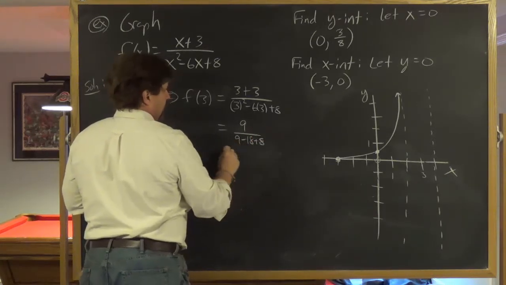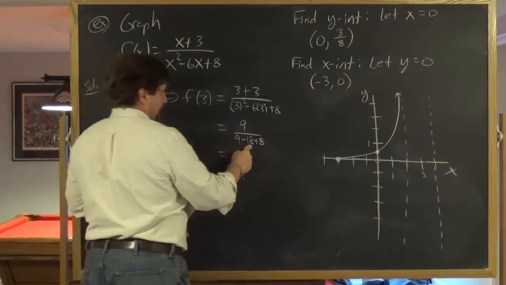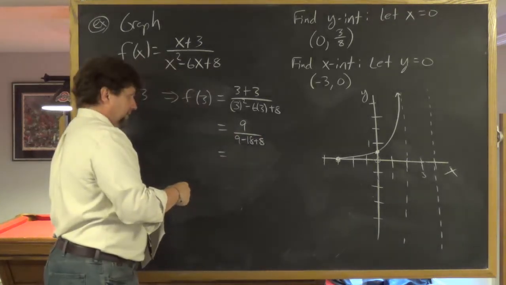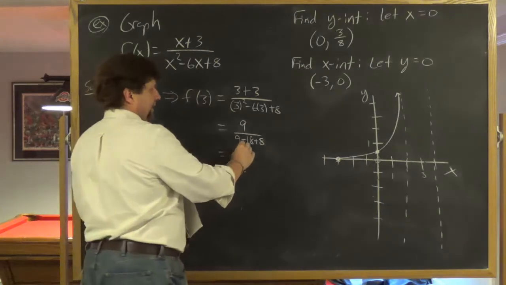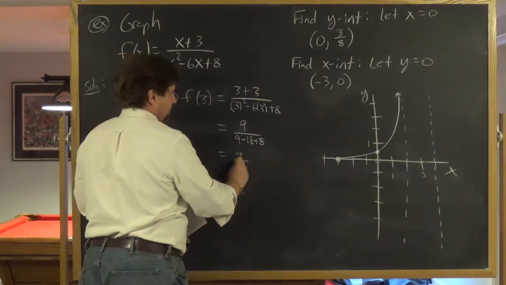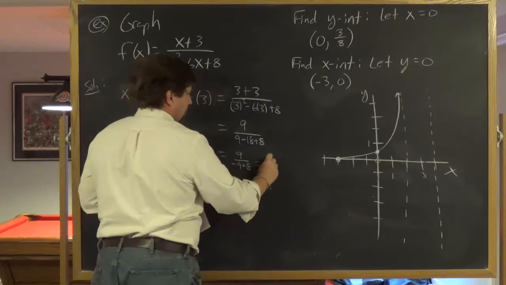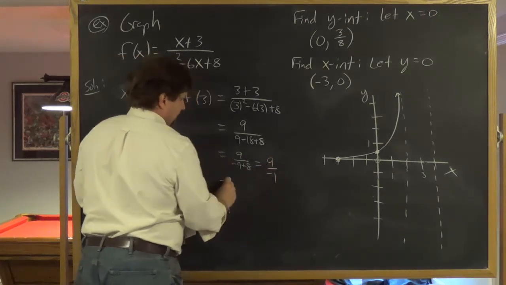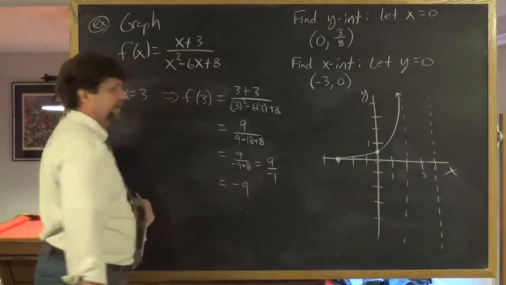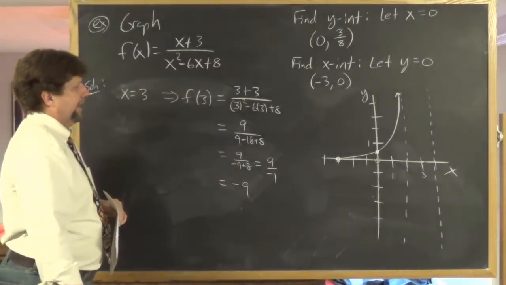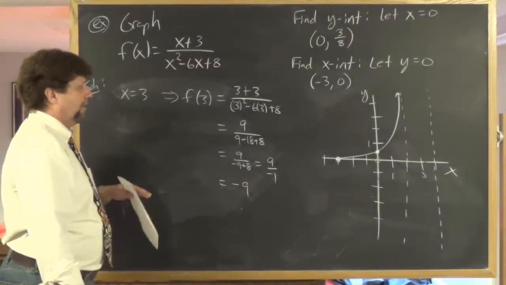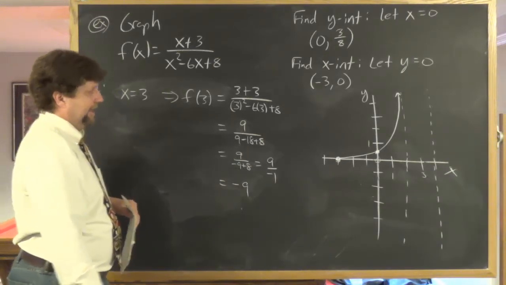So 9 minus 18 is -9. -9 plus 8 is -1. Oh boy, look at that, we're going to get -9. So when x is 3, our y value is -9.